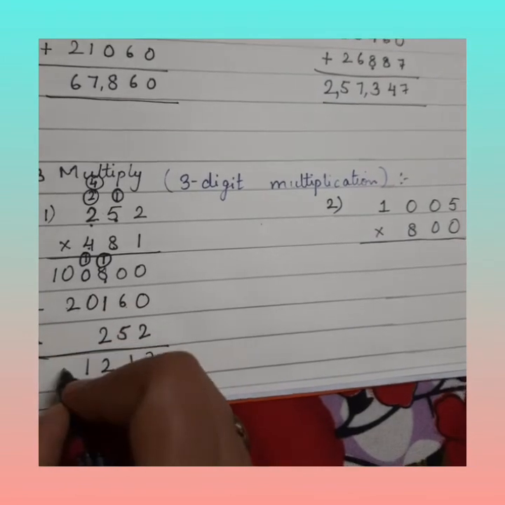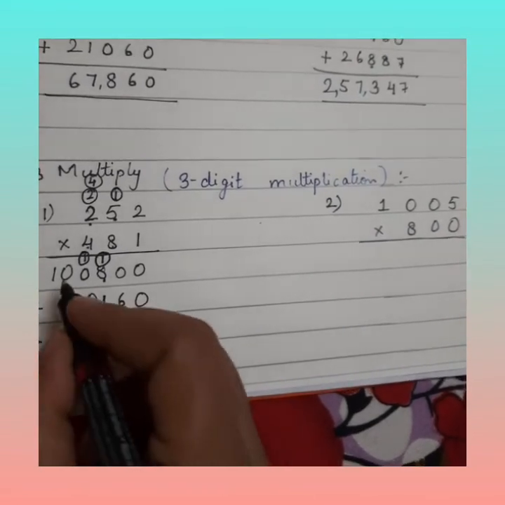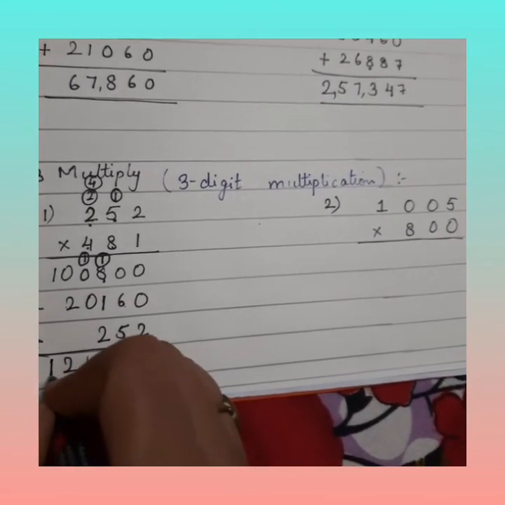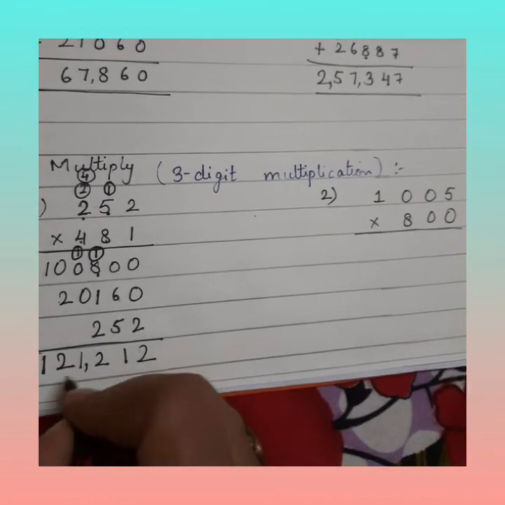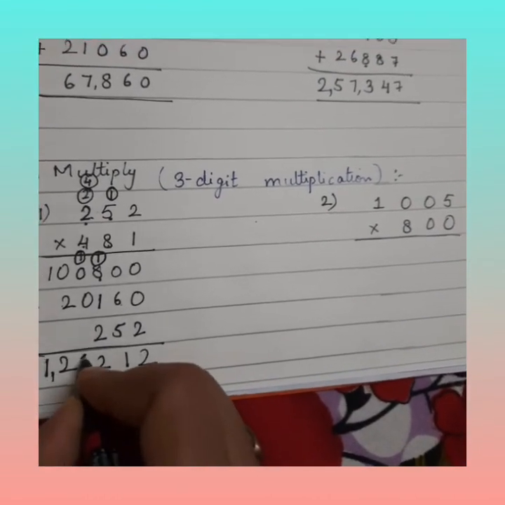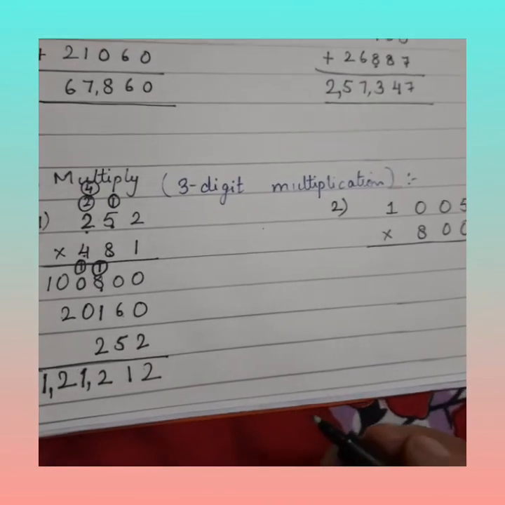Then 0 plus 2, 2. 1 will be carried down. So the number will become 1,21,212.